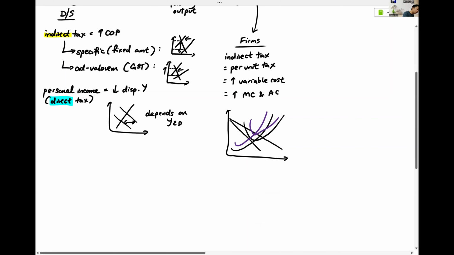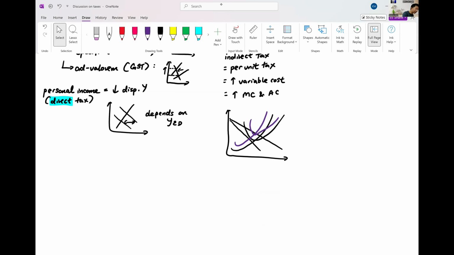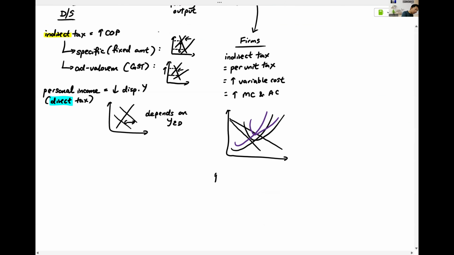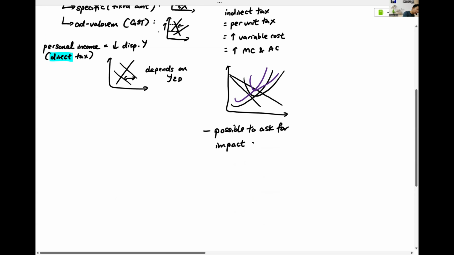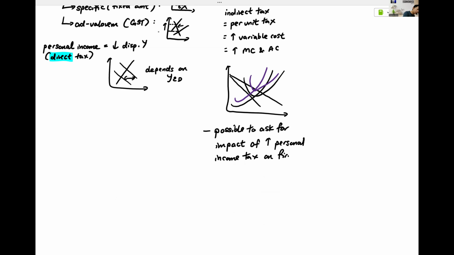Is it possible to have direct taxes? It's possible. It's entirely possible that the question asks for the impact of higher personal income tax on the firm's profits.